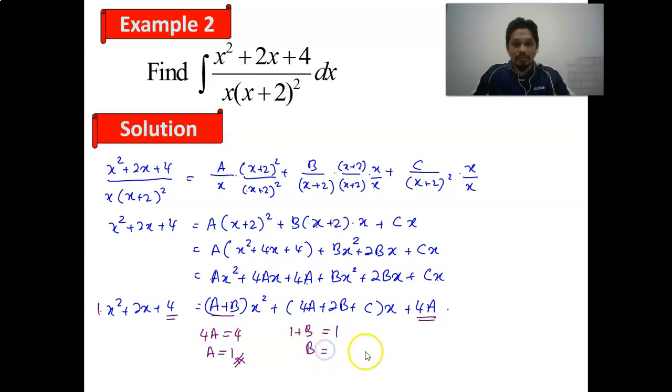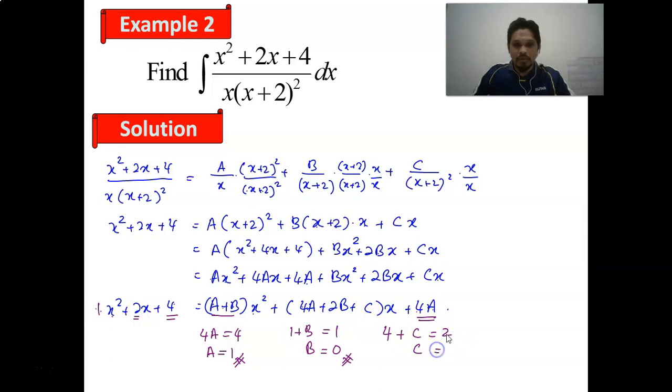So b equals 1 minus 1 equals 0. Again, comparing coefficients of x: 4a, 4 times 1 equals 4, plus 2b, where b equals 0, plus c equals the coefficient of x, which is 2.